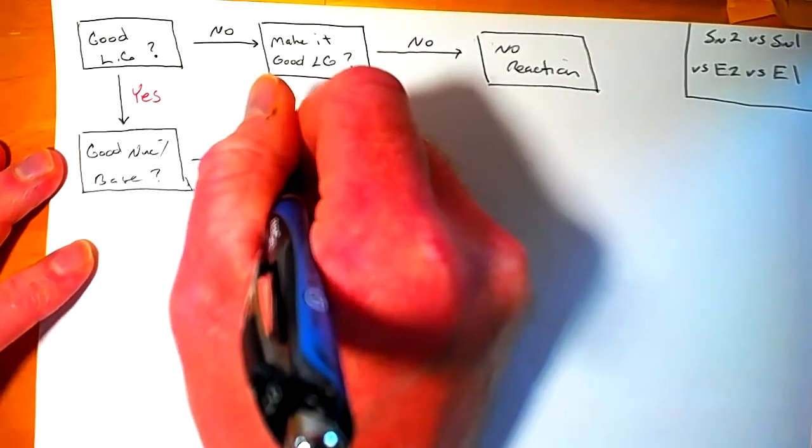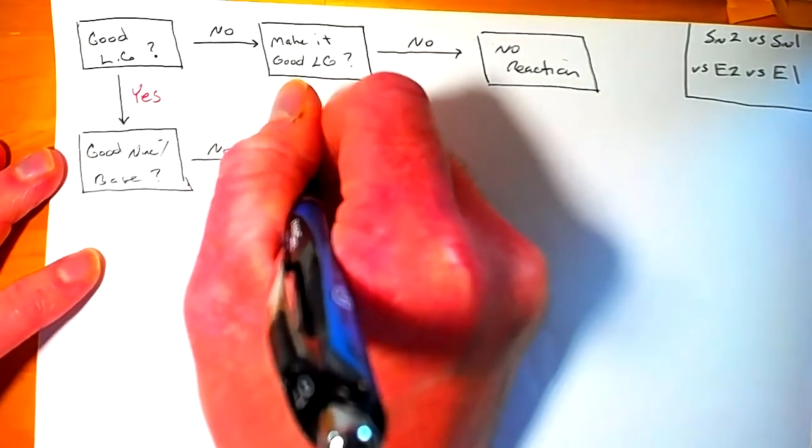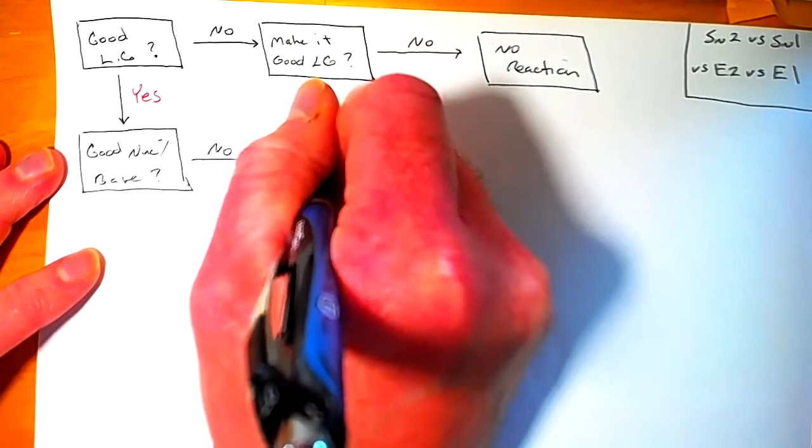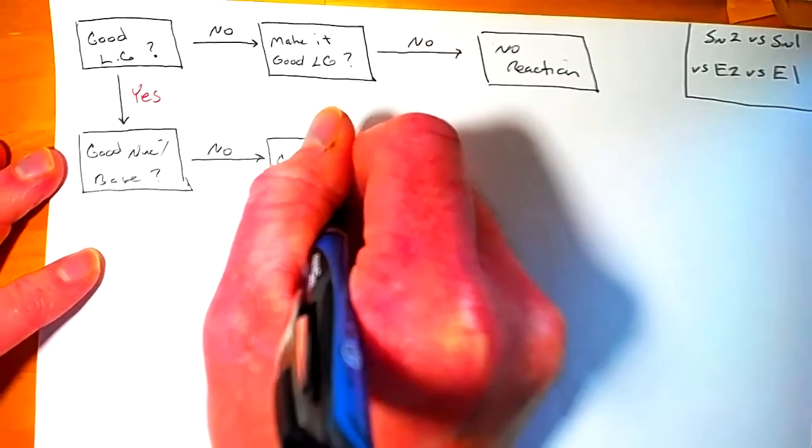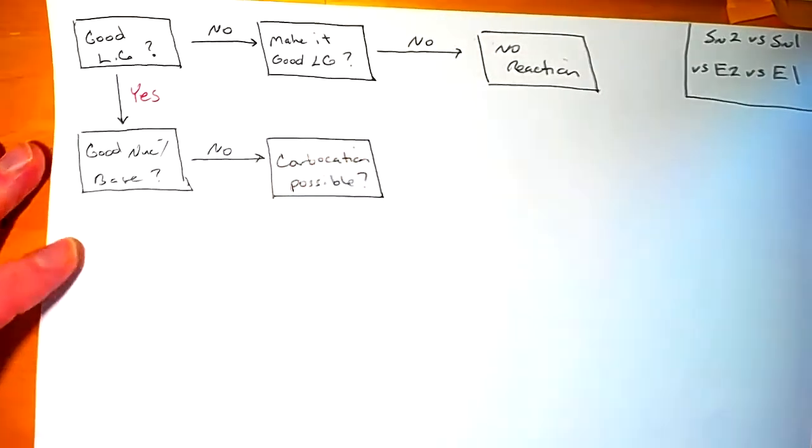Do you have a good nucleophile or base in the system? If the answer to that question is no, then the very next thing you should be asking is, is carbocation formation possible? Can you make a carbocation?